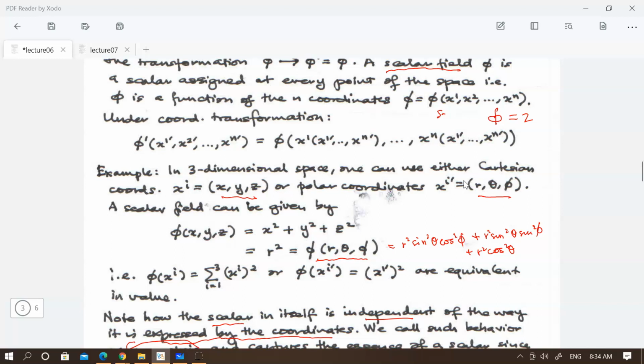It doesn't depend on any particular coordinate system, so it's a perfectly good scalar. But why I introduced this idea of the coordinates is to show that you can have something that is the same thing but depends on different coordinate systems. So here I go to the idea of a scalar field.